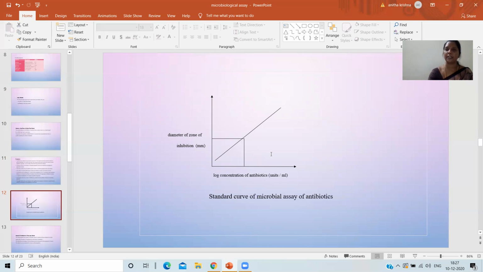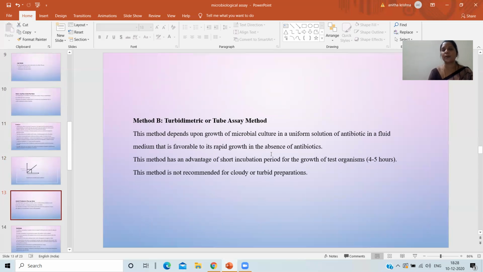After incubation, take out the plate, check for the zone of inhibition, measure it, then plot a graph of the diameter of the zone of inhibition against the log concentration of your antibiotic, and the interpolation will give you the concentration of the test sample. So that is how you perform your test for antibiotic by the cup plate method.